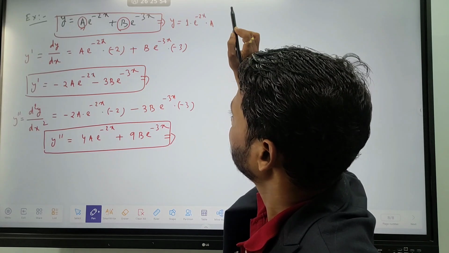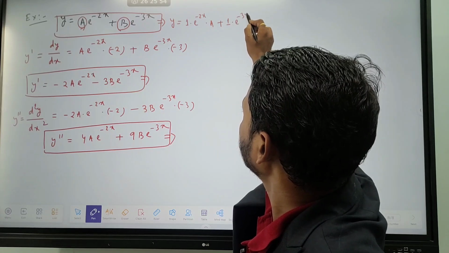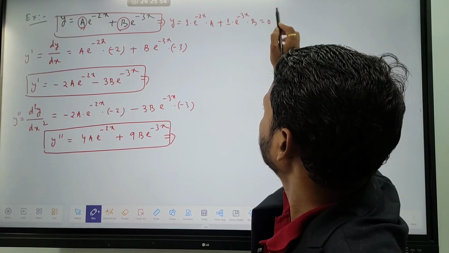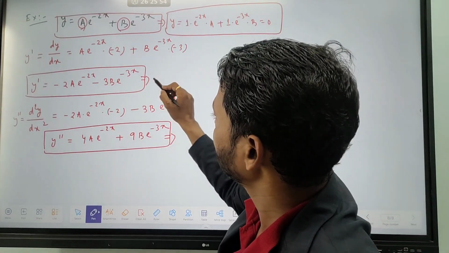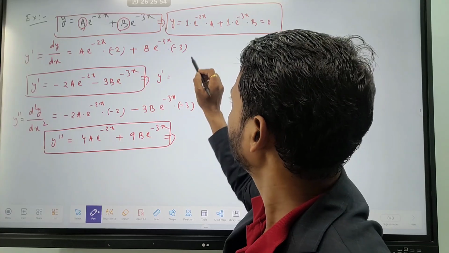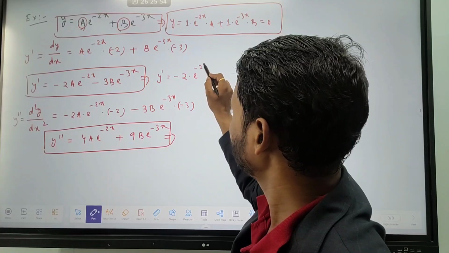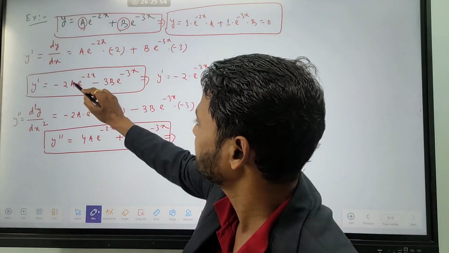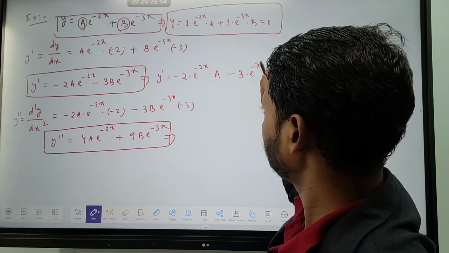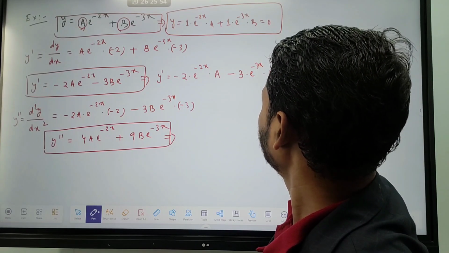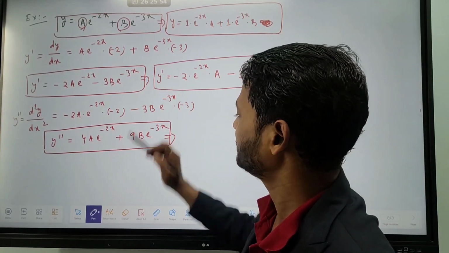So I am writing here y is equal to 1 into e to the power minus 2x into a plus 1 into e to the power minus 3x into b. Similarly, I can write the second one as y dash is equal to minus 2 into e to the power minus 2x into a minus 3 into e to the power minus 3x into b, just rearranged.